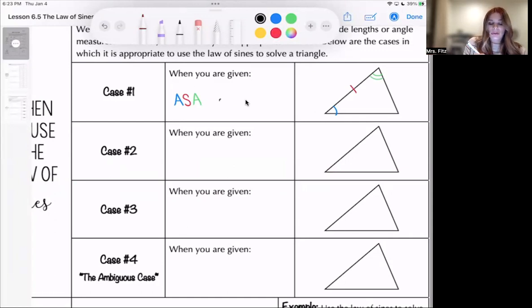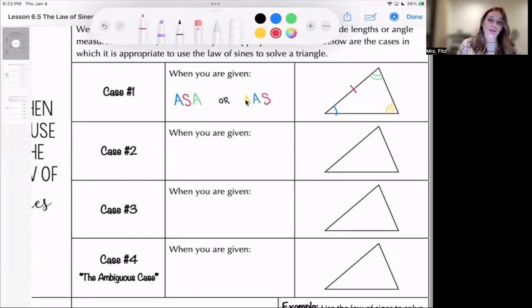Or you could have angle, angle, side. So let me get a third color for that third angle. Maybe you know that yellow angle, the blue angle, and then that same side. These are the same case. This is a case where it would be appropriate to use the law of sines.